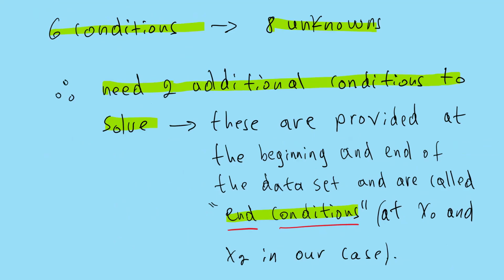These extra conditions are provided at the beginning and end of the data set and are called boundary conditions or end conditions. In this example, they are applied at x0 and x2. Once we specify these boundary conditions, we will have enough equations to determine all the spline coefficients.